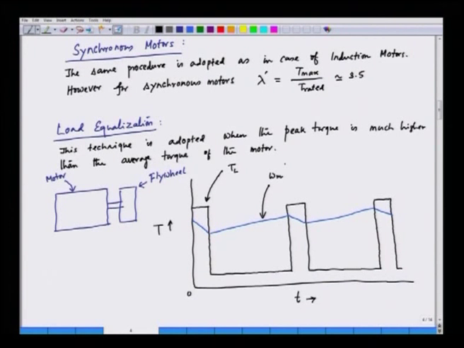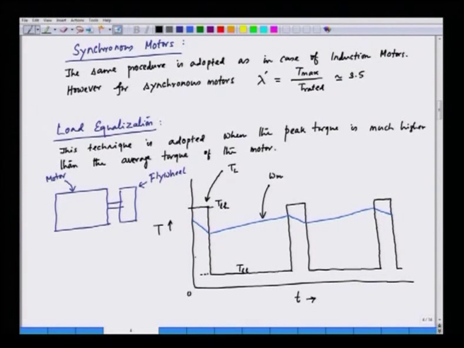Now, this is called the load high, TLH, the high load, and this one is called TLL, the low load, and these loads are applied for various intervals. The high load is applied for TH.